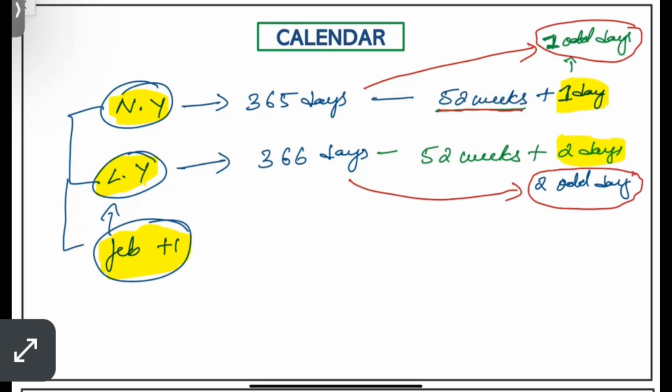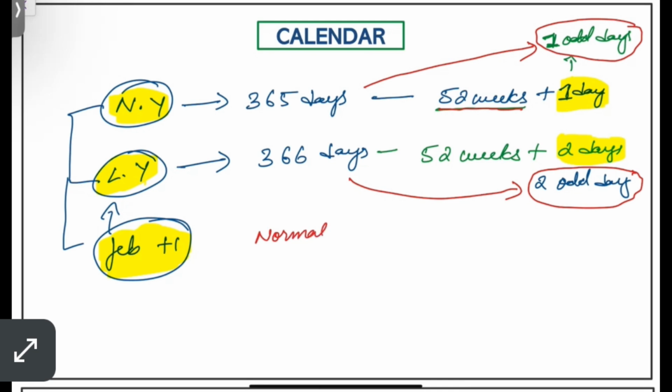Now, one thing to keep in mind is that a normal year starts and ends with the same day. Let's say 1st Jan of this year, 2025, let's assume it is Wednesday. But before going to this one, let me discuss this later on.